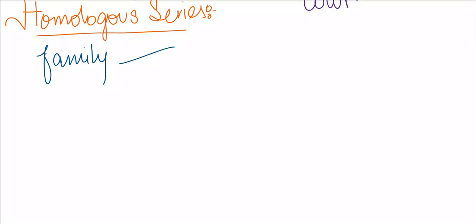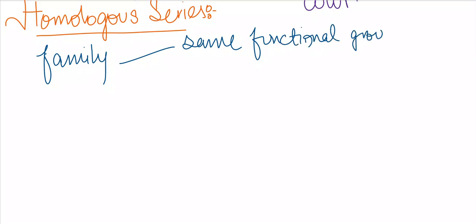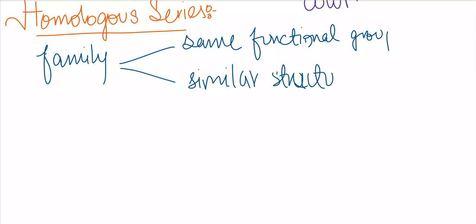The family contains the same functional group, similar structure, and also similar name endings. So in simpler words, a homologous series is a family of similar compounds with similar chemical properties due to the presence of the same functional group.